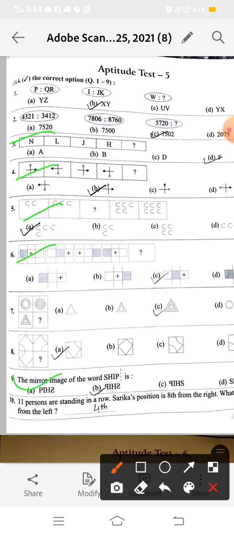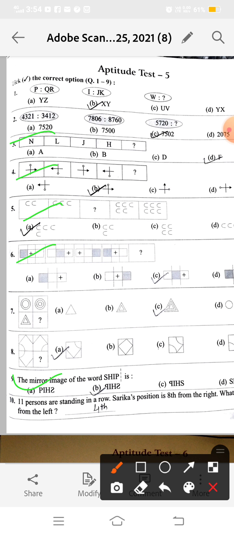Now we will discuss current affairs. In our last lecture I explained to you about Republic Day, that we recently celebrated our 72nd Republic Day. Now we will discuss the seasonal festivals which we recently celebrated. Which festival did we celebrate recently?